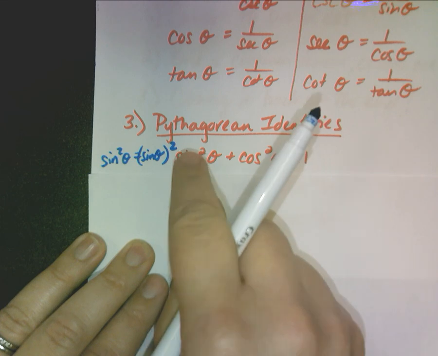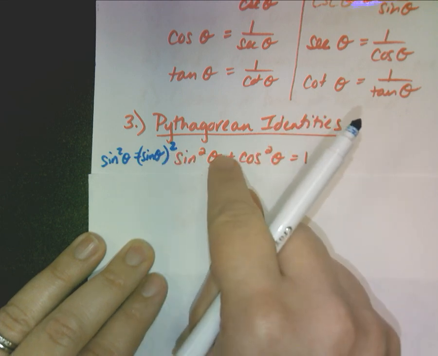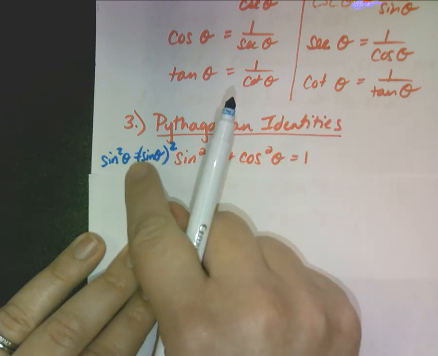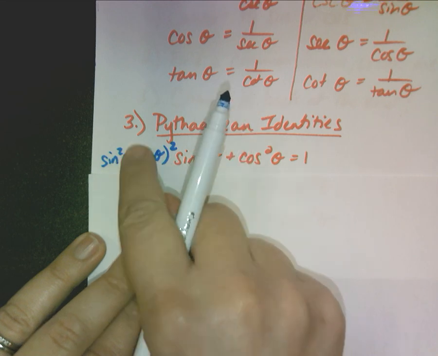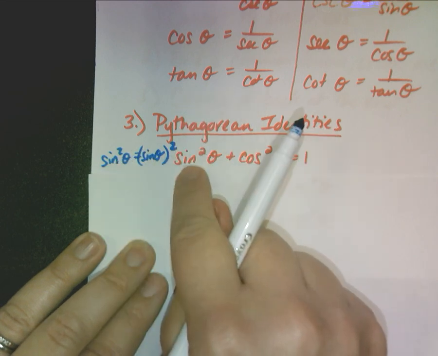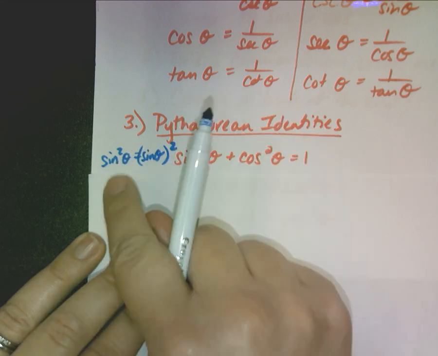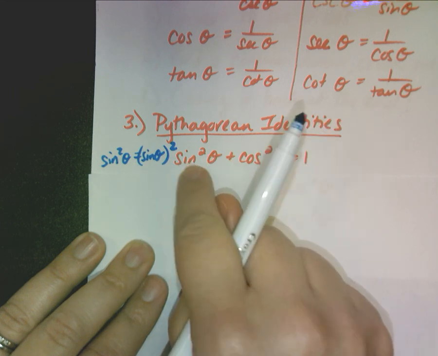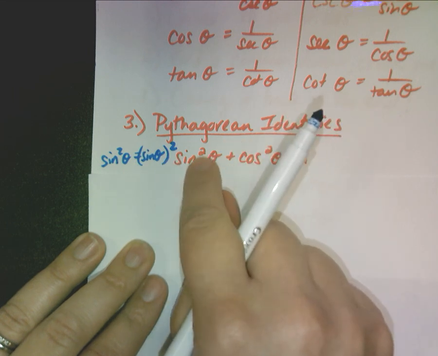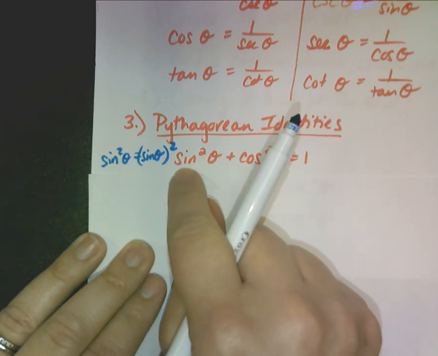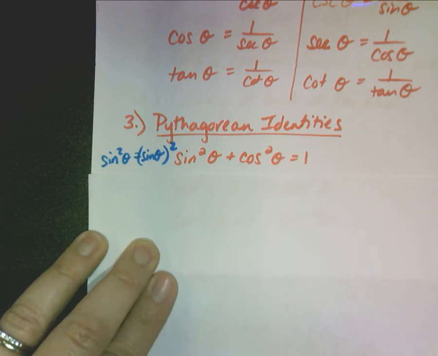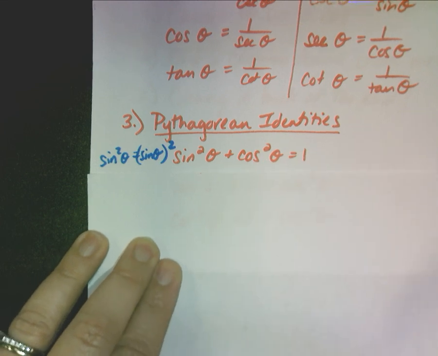If they had just put the 2 on the outside, it would look like theta's being squared. So instead of writing all these parentheses, they bring the squared next to the sine part. But that's what it means. It's the whole thing, the sine of theta, and then you square it, even though the squared looks like it's squaring sine. You can't just square an operation. So that's your first identity.